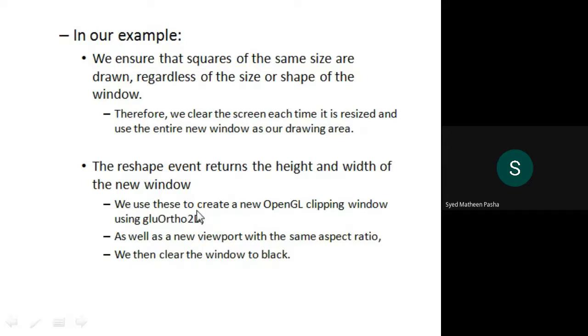We use these functions to create a new OpenGL clipping window using the orthographic function called gluOrtho2D, with the help of which you are displaying two-dimensional orthographic projections, as well as a new viewport with the same aspect ratio. Then we'll clear the window to black, that is, any background color.